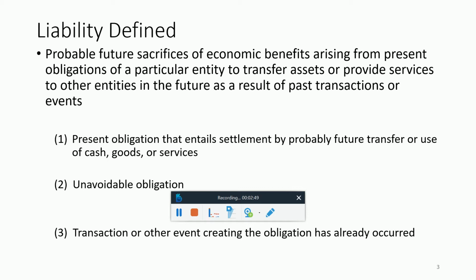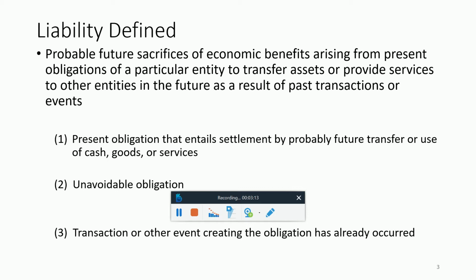Additionally, a liability is created when there's an unavoidable obligation. When you think about an unavoidable obligation, this really centers around you being legally or contractually obligated to pay or provide a service. And when you think about a contract, it doesn't necessarily have to be written. It also could be a verbal contract.